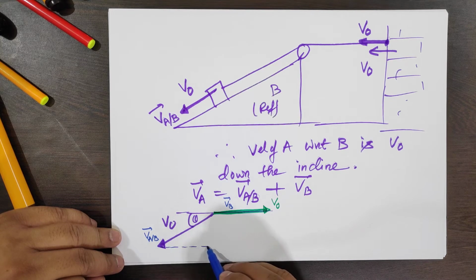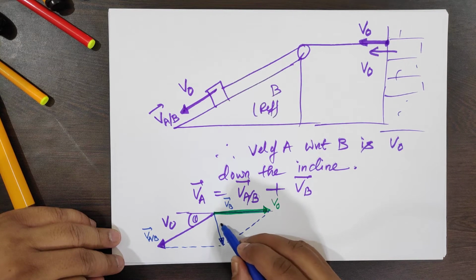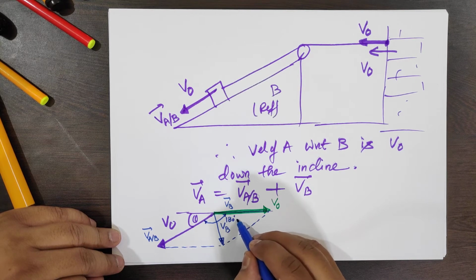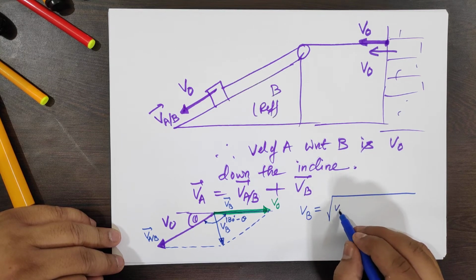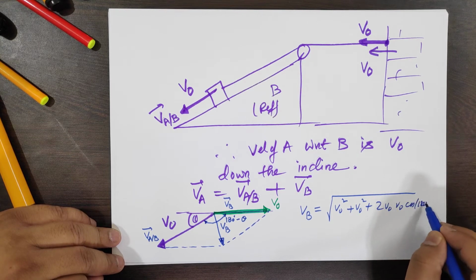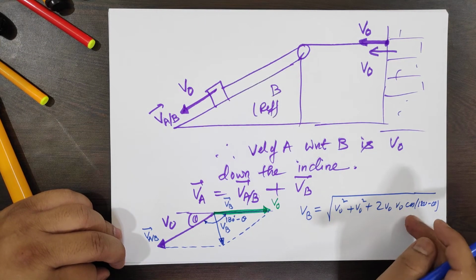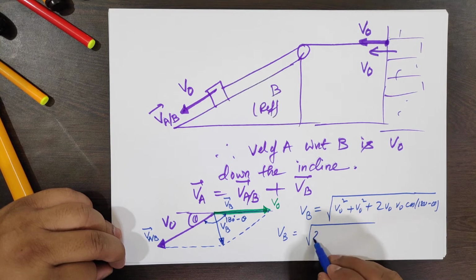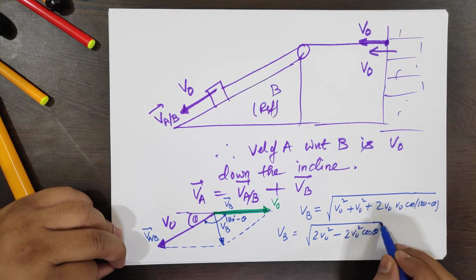So their vector sum is what we require. So angle between these two vectors is 180 degree minus theta. So VB is root over of V naught square plus V naught square plus 2 V naught into cos 180 minus theta. So VB is this 2 V naught square minus 2 V naught square cos theta.